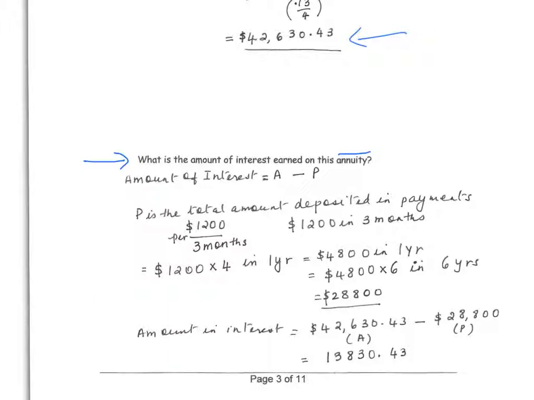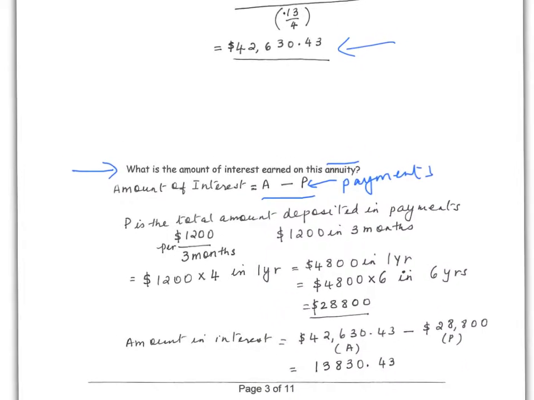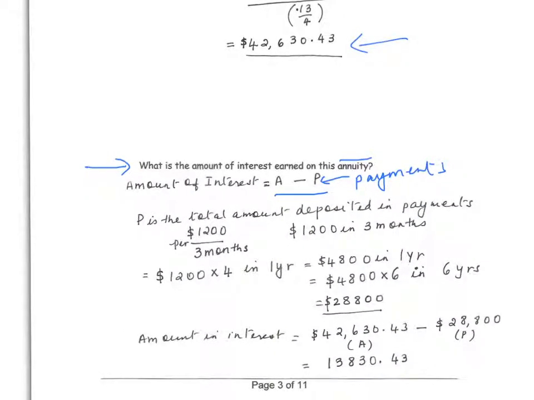So the amount of interest is the total accumulated amount minus the amount that you put in as payments. P is for all the payments. It's the sum of all the payments, not just one payment. So we know the accumulated amount. All we need to do is figure out the total amount in payments. So this is how we do it.